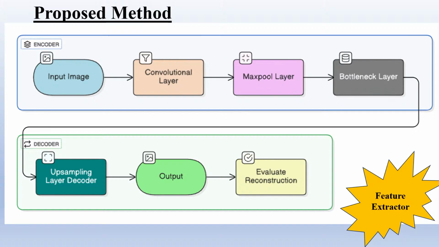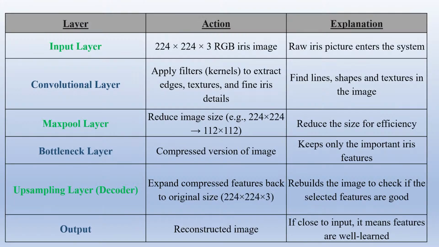After the bottleneck layer, we obtained the encoded features of the images, which are then passed to the decoder, and we reconstructed the input to check if the features obtained from the bottleneck layer are worth it or not. This is the explanation of our autoencoder.